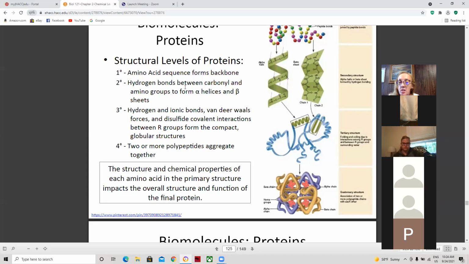And so it's going to dictate what secondary structures can be formed, what tertiary structures can be formed, and whether it will interact to move into quaternary structures. And the structure is what dictates the function. Is that clear?